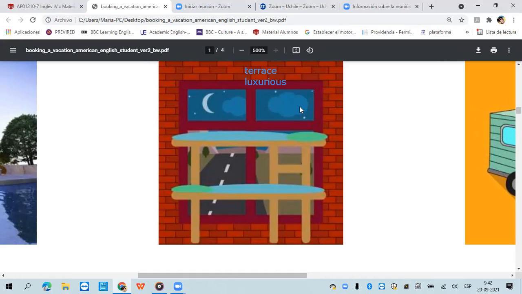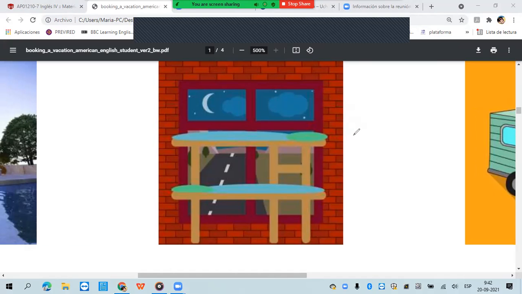Number 6. What is that? An apartment? Hostel. Why a hostel? Because it's in the middle of the road. Can you explain that, please?